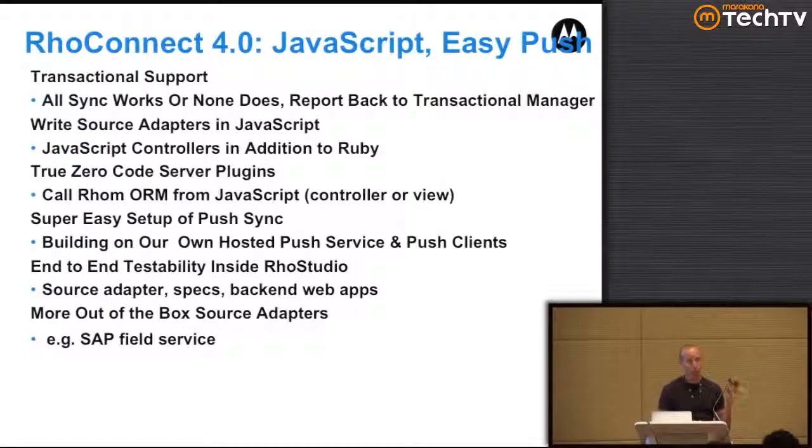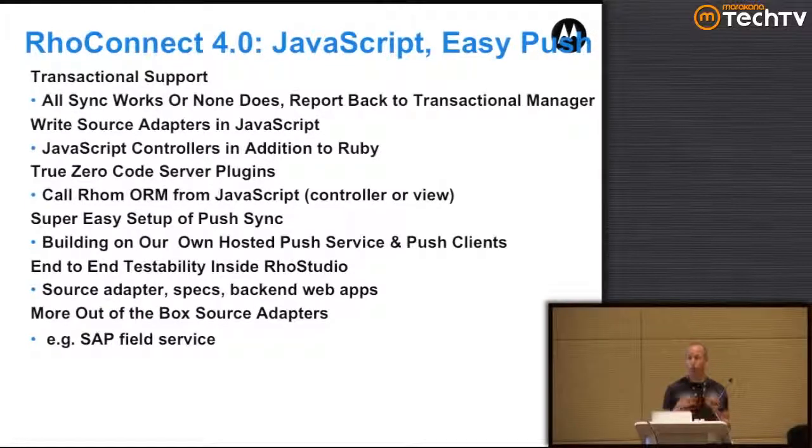Other thing is writing source adapters in JavaScript. I've told you that Ruby is like an awesome power tool for writing these source adapters, and it is, but we're not religious. We're not like the mobile Ruby company, right? So if you want to write source adapters in JavaScript, we want to support you.